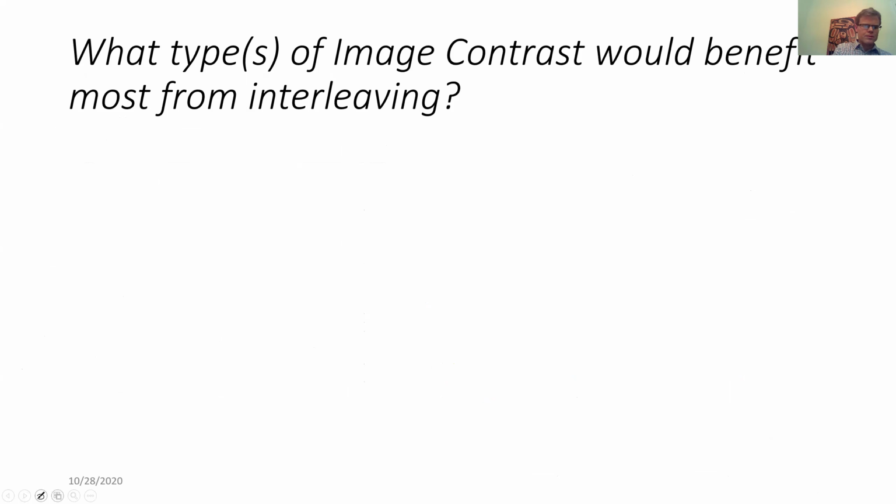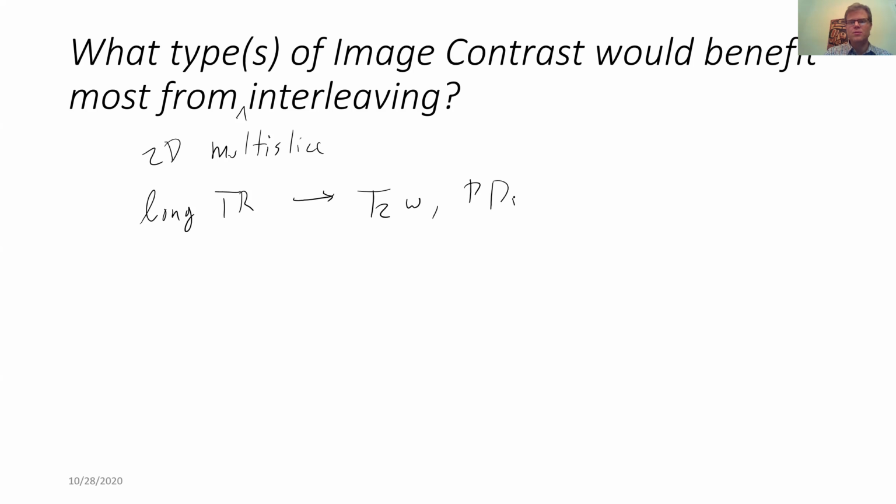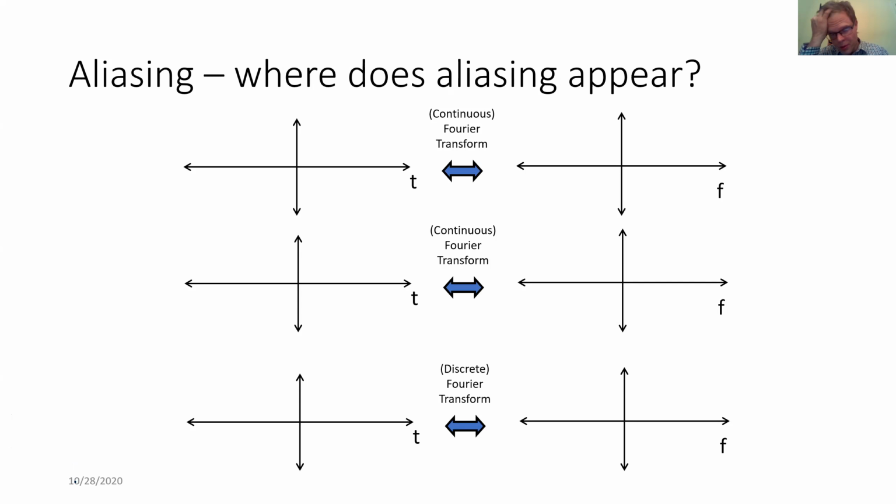Okay, this example we went through in class, but this is multi-slice interleaving, and really this technique, if you look at the contrast curves, it's good for long TR, so that means it's going to be good for T2 weighted and proton density weighted images.